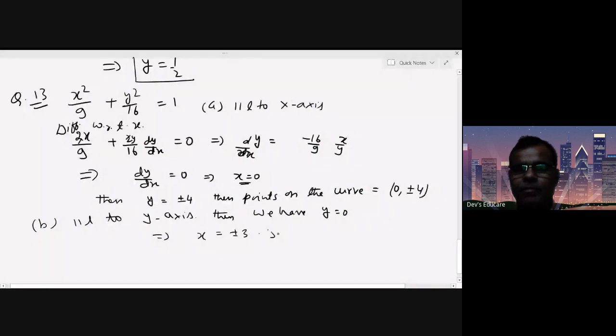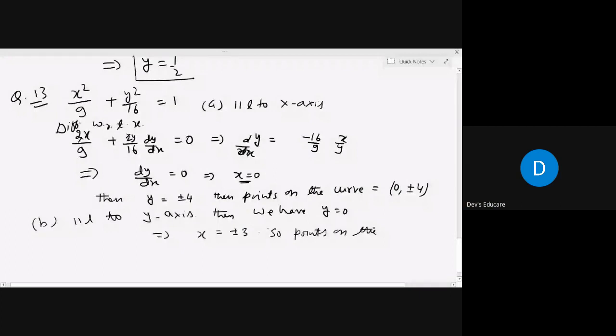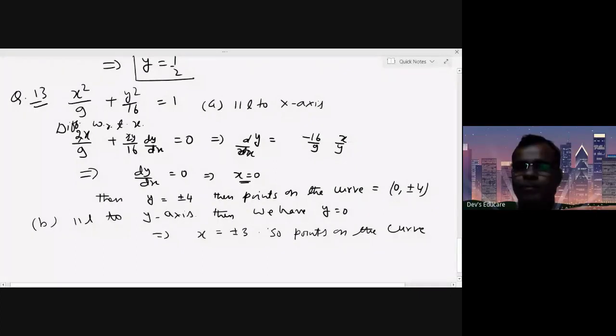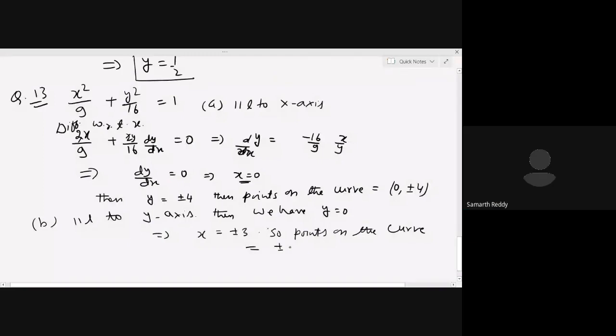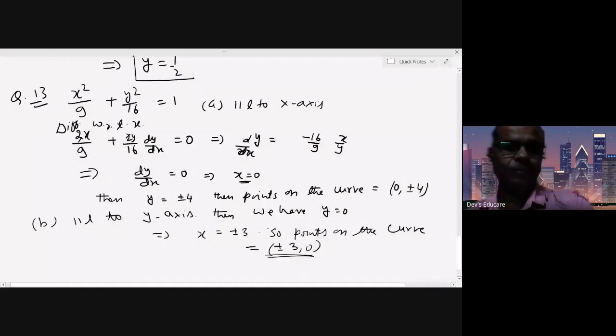So points on the curve will be (plus minus 3, 0). Yes, sir. This will be the answer.